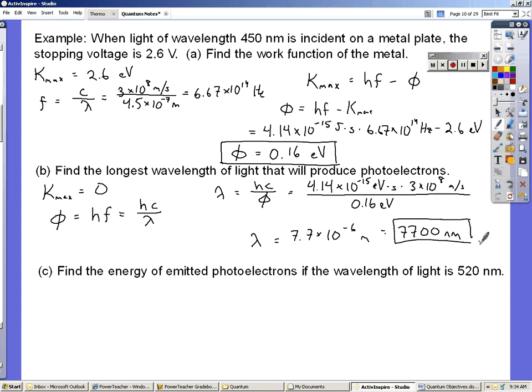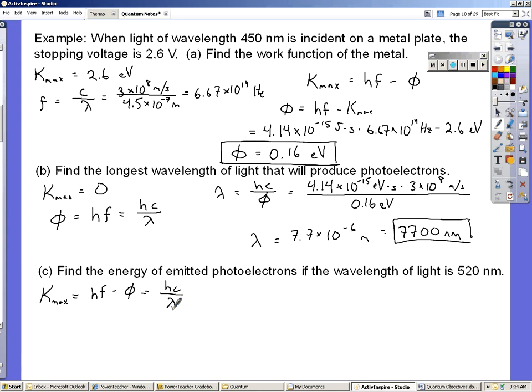Okay, and last, we want to find the energy of the emitted photoelectrons if the wavelength of light is 520 nanometers. So in this case, we're looking for Kmax equals the photon energy minus the work function.